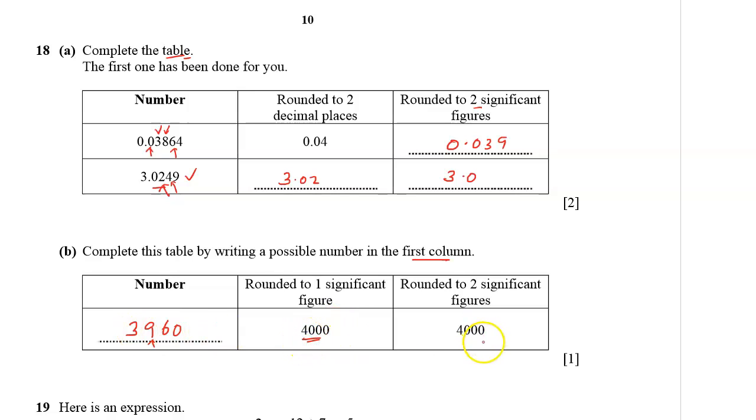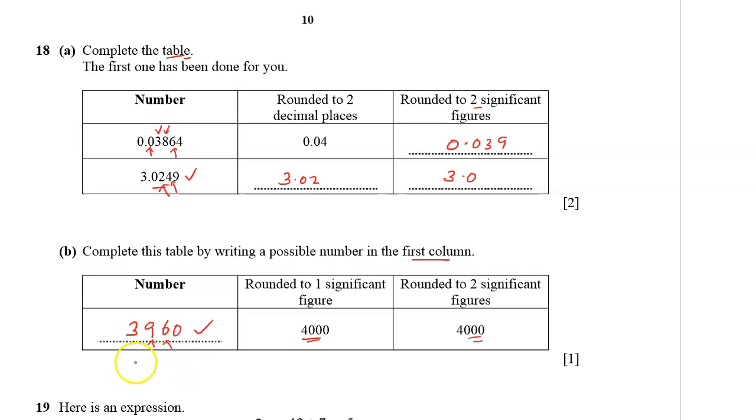So that becomes 4,000. Then round it off to 2 SF. Of course, rounded off to 2 SF, you consider the third SF, which is greater than 5. Therefore, you round off this one to 1. So you add it to 9. 9 becomes 10. You add it to 3, becomes 4,000. So this is a good number.